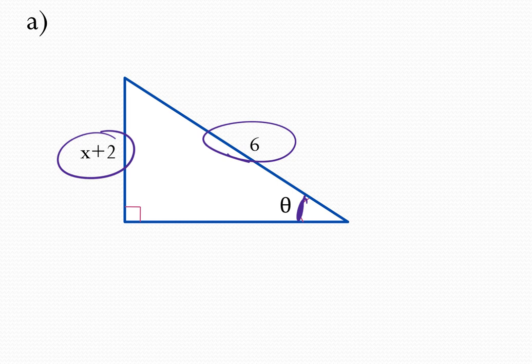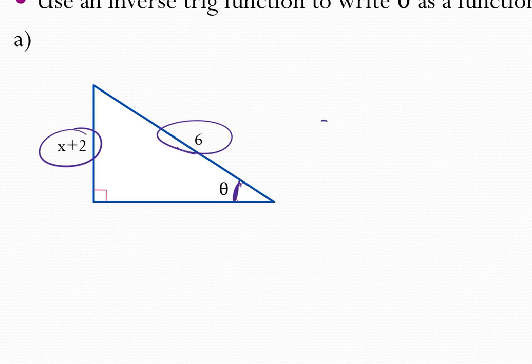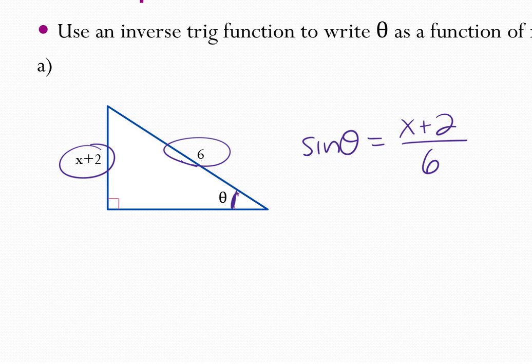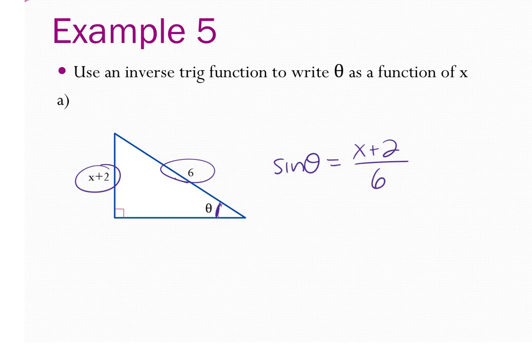Opposite and hypotenuse. So which trig function am I going to use? Sine. So the initial statement is the sine of theta equals the opposite side over the hypotenuse. What the question says is use an inverse trig function to write theta as a function of x. So I have to get it to just theta.